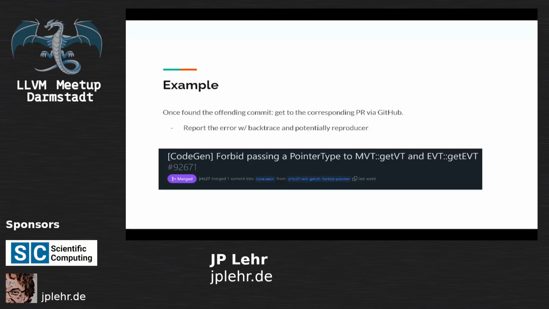So I found out this was "CodeGen: Forbid passing a pointer type to MVT::getVT and EVT::getVT/getEVT". Okay, whatever. I don't know. So first I reported in this issue that this broke something.